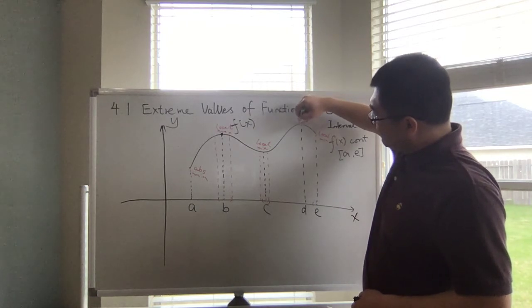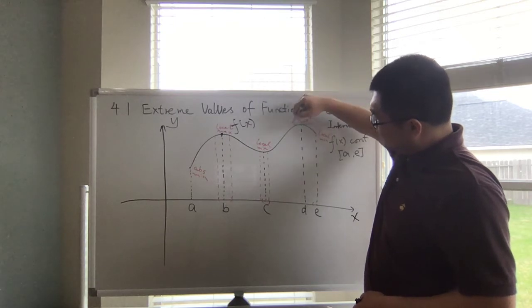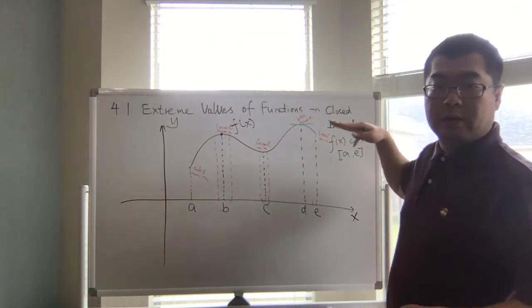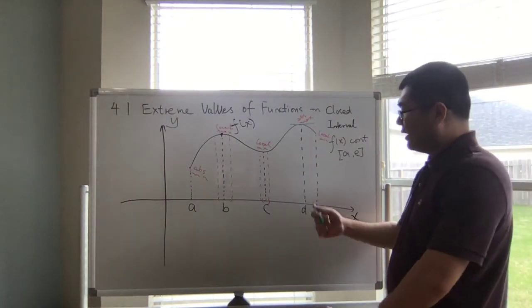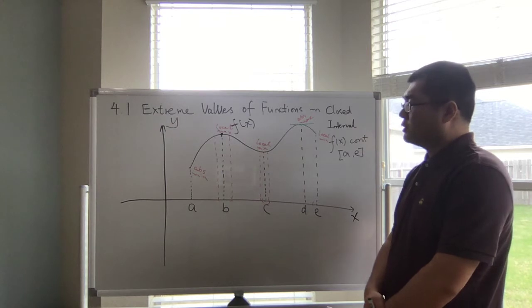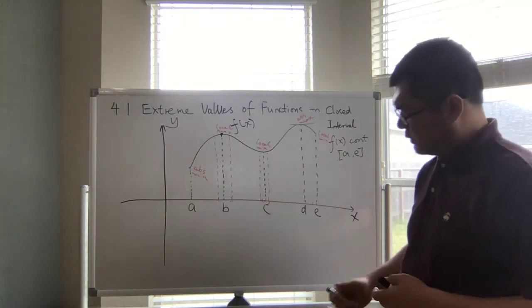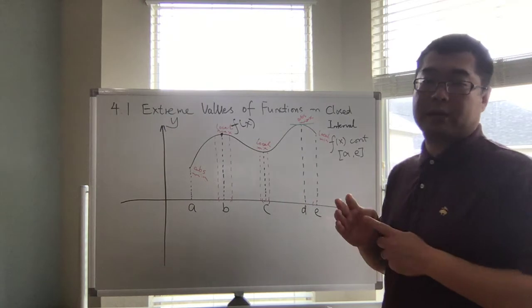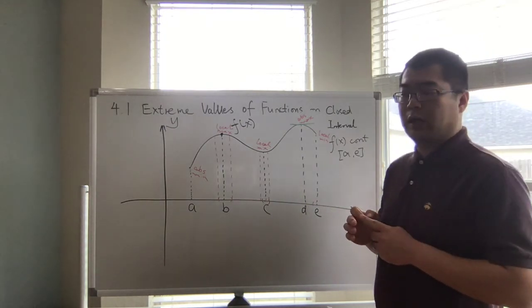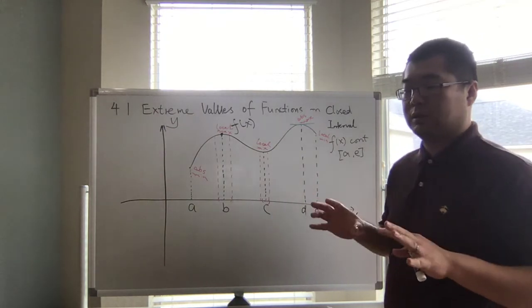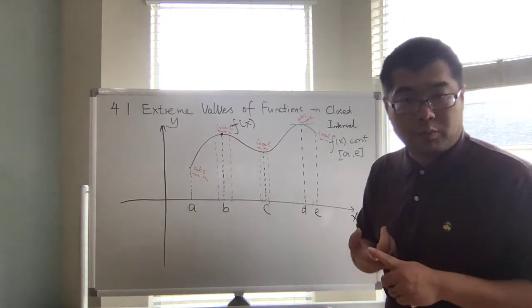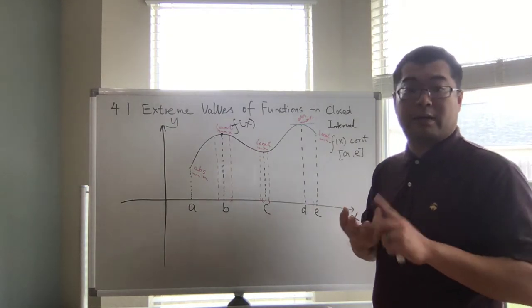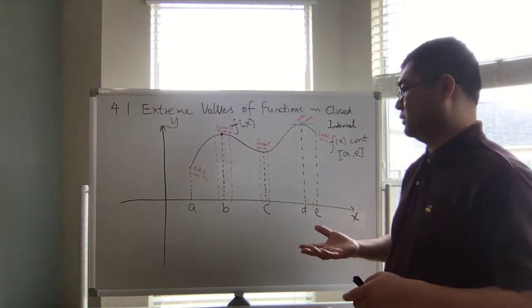If we draw a tangent line across this point, the tangent line slope is 0. So correspondingly, f prime at this point is 0. What does this tell us? To find the absolute max and absolute min, the candidates for being extreme values are the critical points and the endpoints. So those are all the candidates.